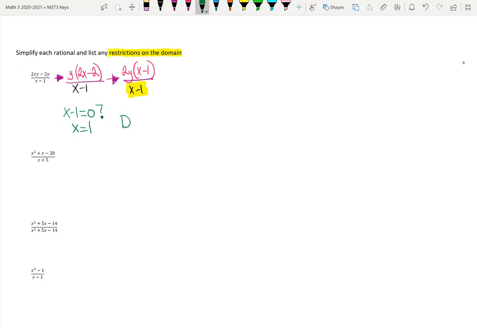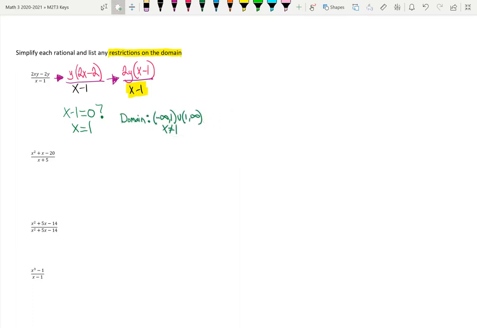So this means that the domain of this rational is going to be restricted from negative infinity to 1. Then after 1, it'll carry on. Essentially what this is saying is x cannot be 1. All other numbers work.